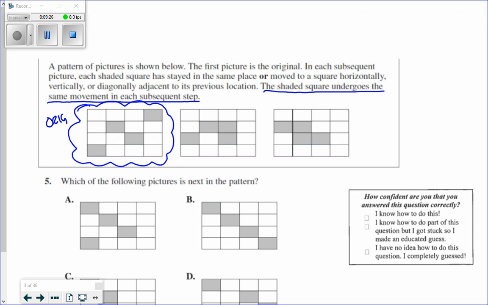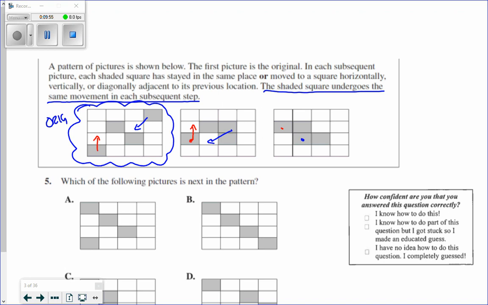So what happened here? Well, this square moved to here. Okay, and this square moved up. That's that one there. So that means this one is going to have to move up again, which is that one. And this one is going to have to move diagonally again, which is that one.